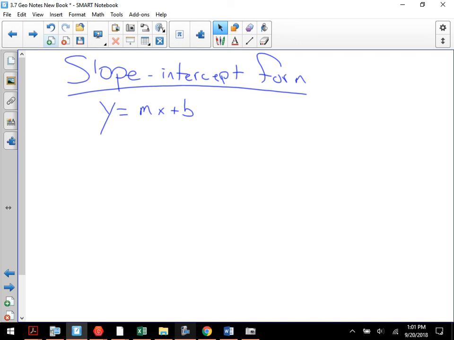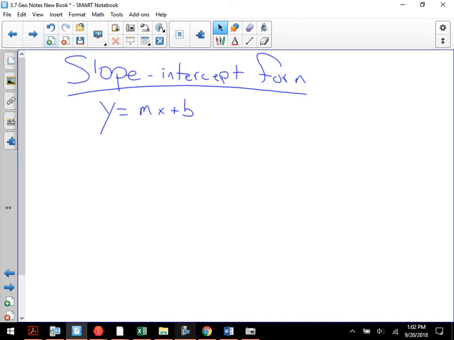Because when you have a slope intercept form, you know what your slope is, the m value, and this b value is your y-intercept. Remember, your y-intercept is where it goes up and down. That's where you start your graph. So your m is your slope, b is that y-intercept. This form was kind of the same way that we would always go back to.